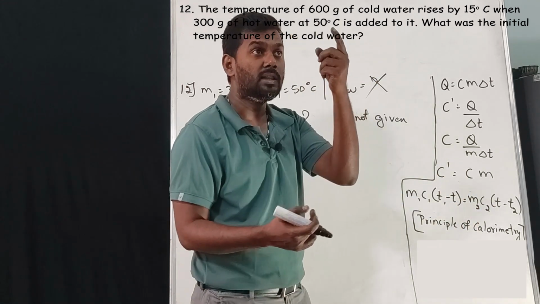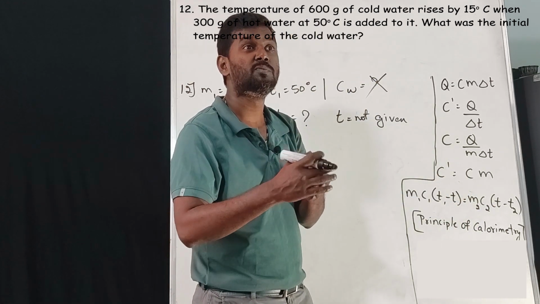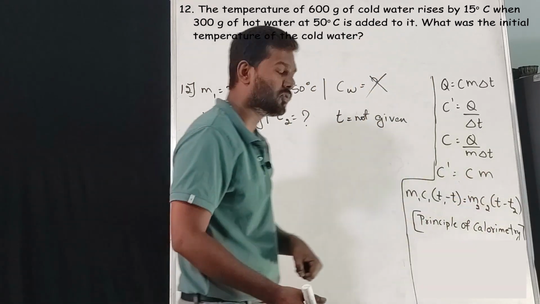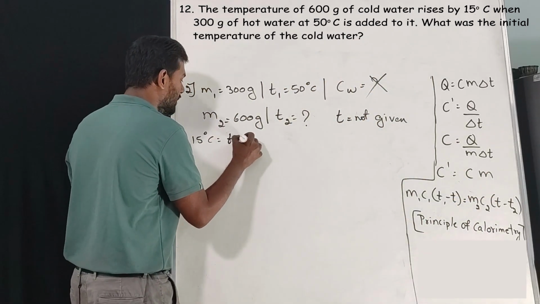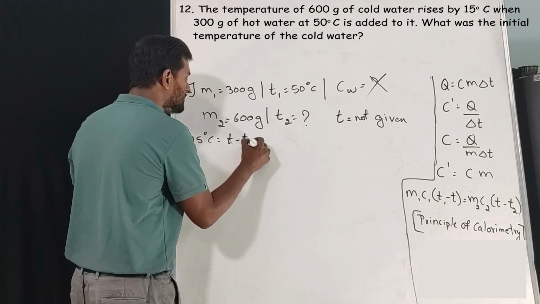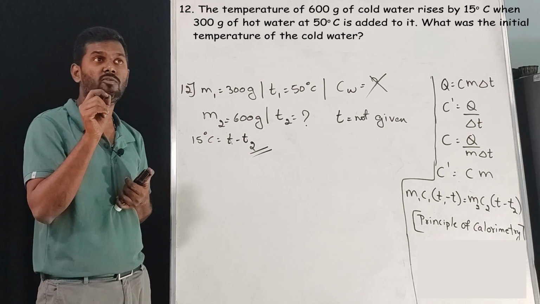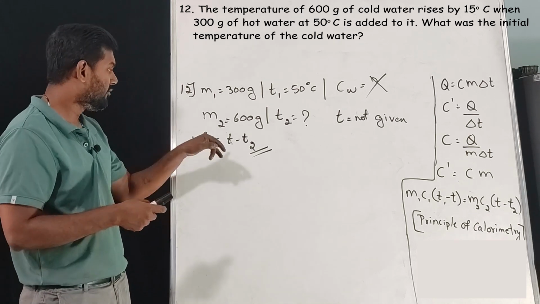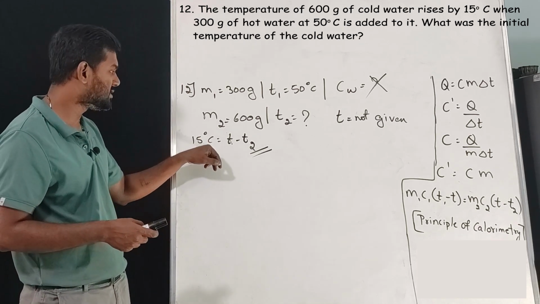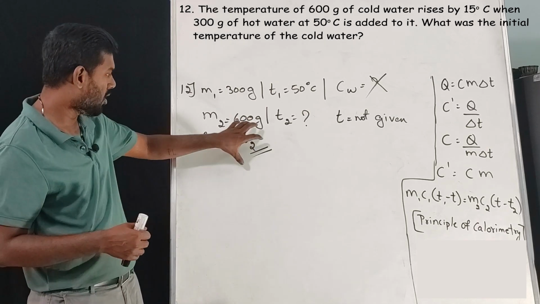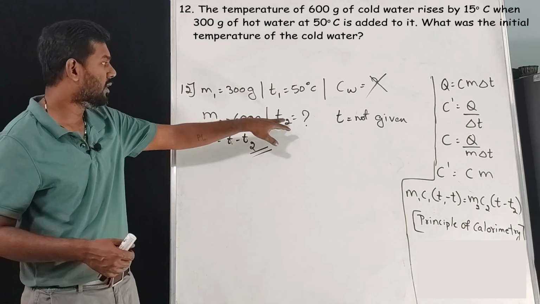When they tell us the temperature of the cold water rises by 15 degrees Celsius, that means 15 degrees Celsius is nothing but T minus T2. This is very important. So using all this data, we are going to find T2.